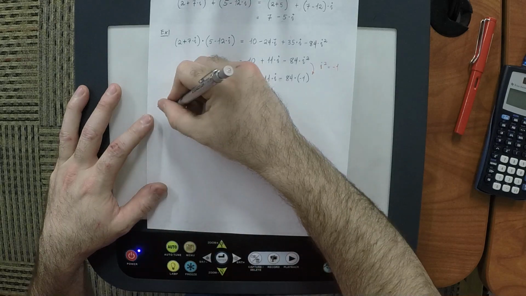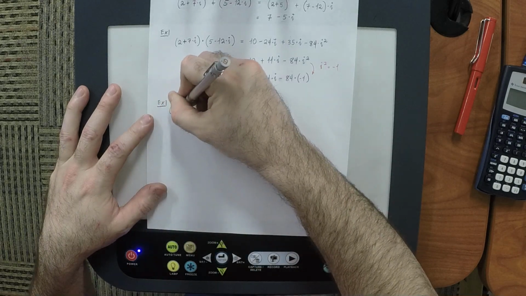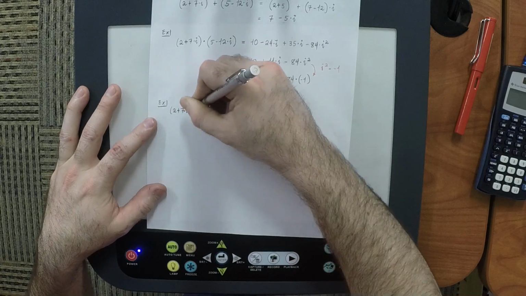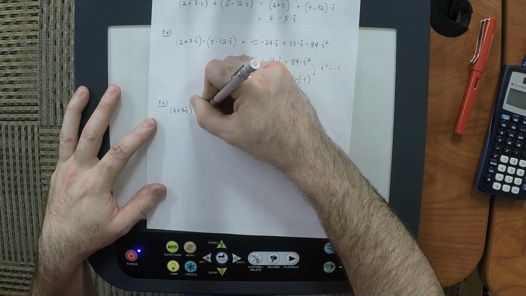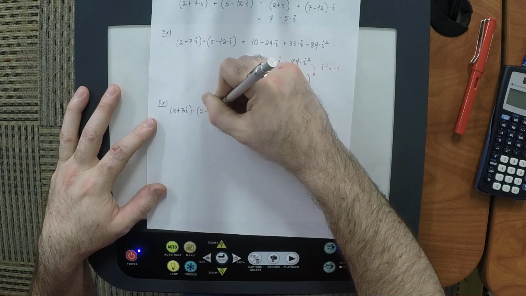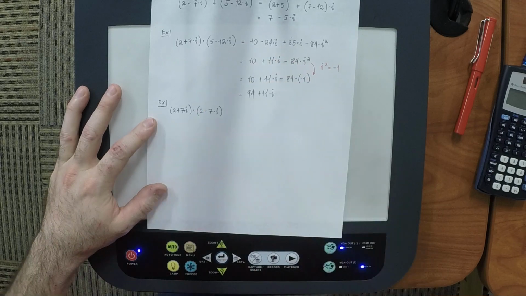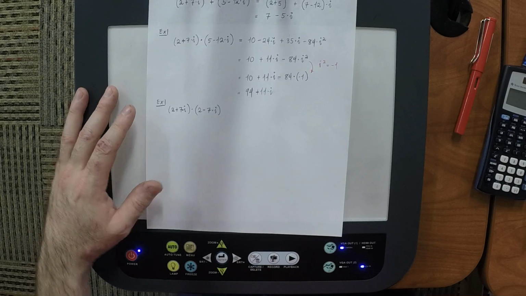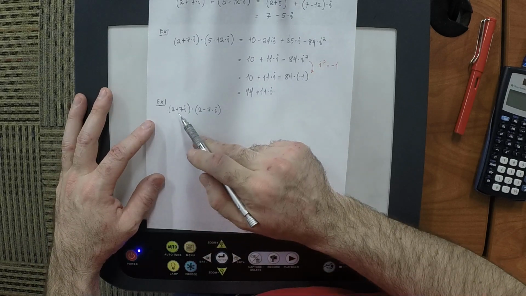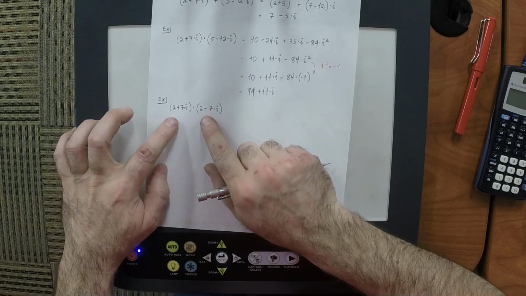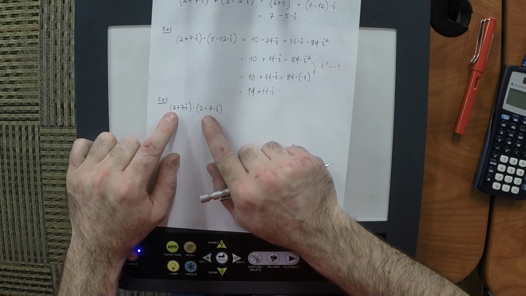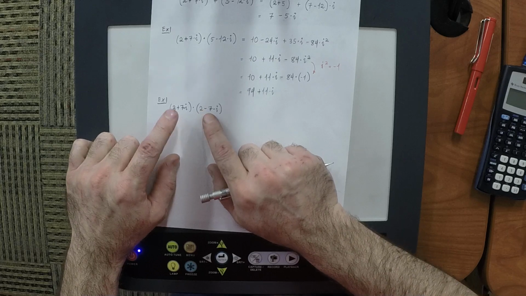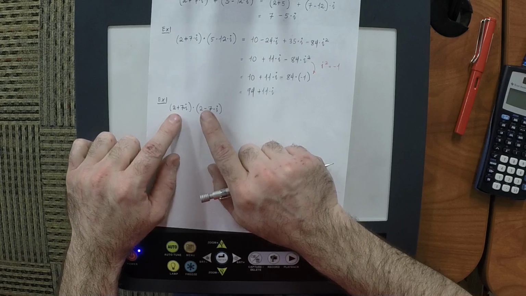Okay, here's something interesting. What if we do 2 plus 7i, and we multiply it by 2 minus 7i? Yes, let's look at these. These two numbers are special with respect to each other. They're a special pair. 2 plus 7i and 2 minus 7i, how are they special to each other?